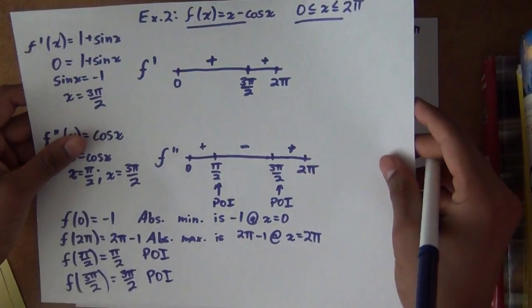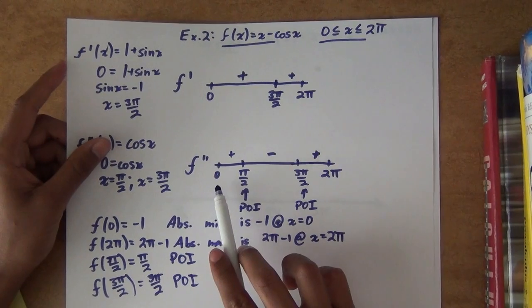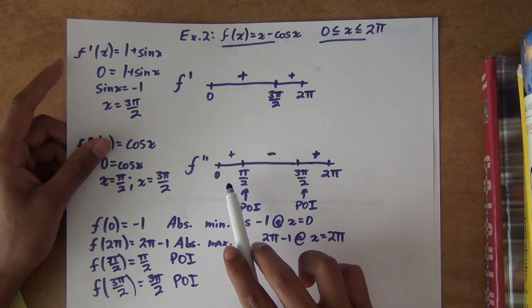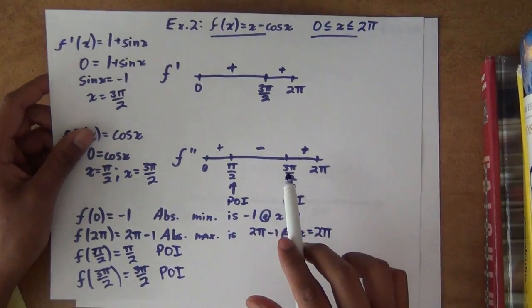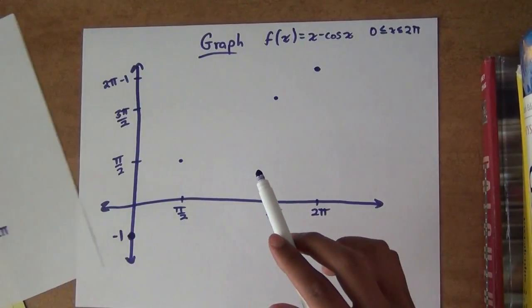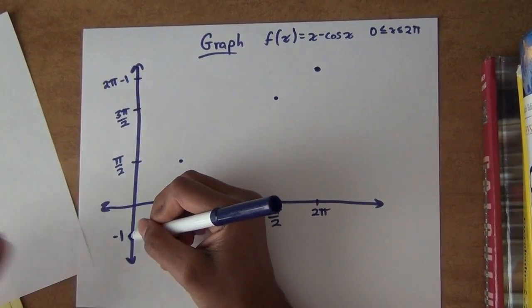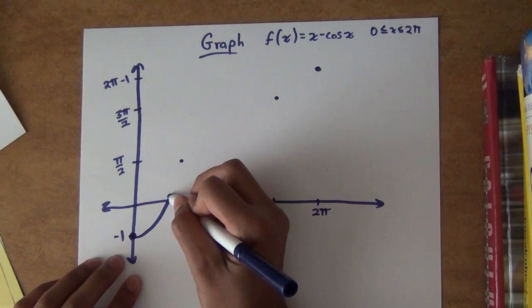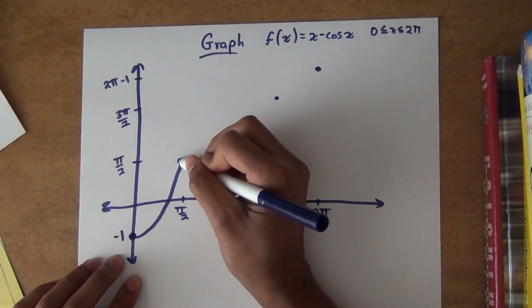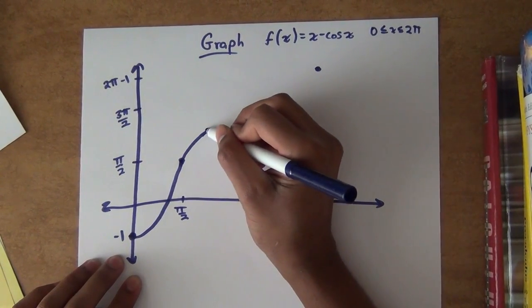So looking back at our sign charts for the second derivative test, from 0 to pi over 2 it was positive concavity, and it was negative from pi over 2 to 3 pi over 2. So we'll depict that in the graph. So positive concavity, so I want it to be opening up till our point here, and then opening down.